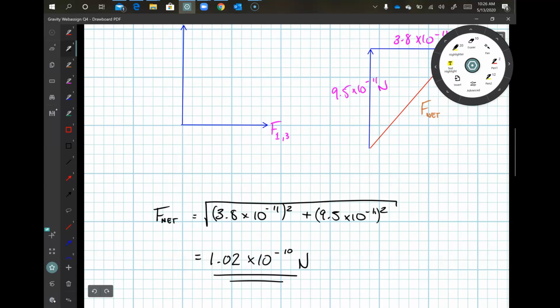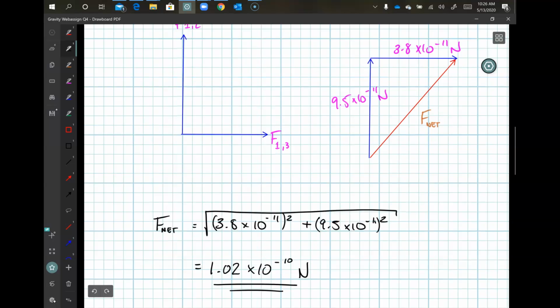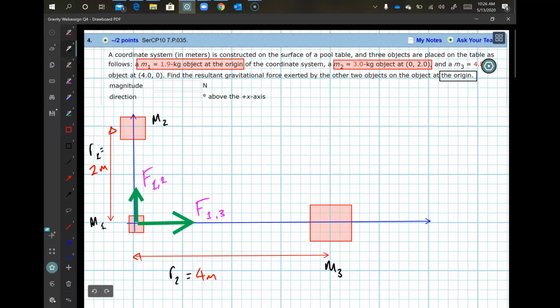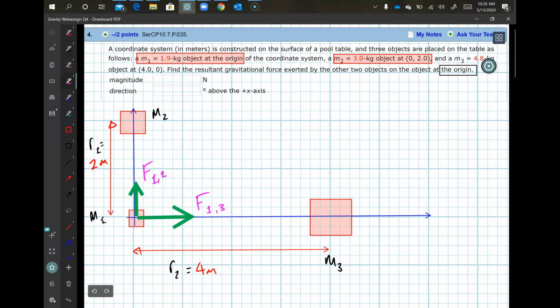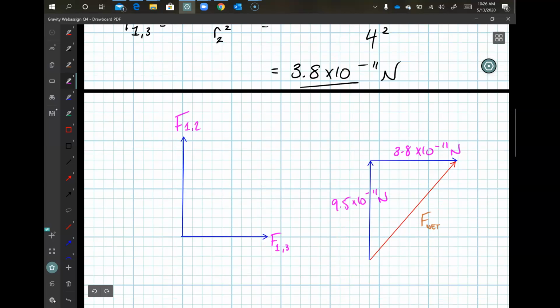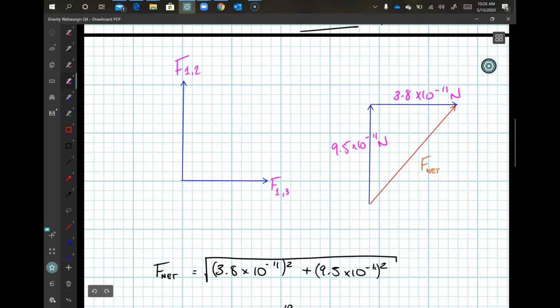Now we need to find the angle. Let's just look back to the question and see which angle we're being asked to find. Well, it says above the x-axis. So the x-axis is here. This is the direction of the x-axis.